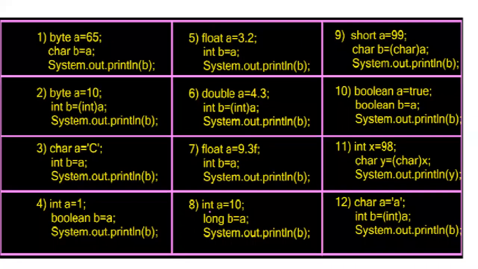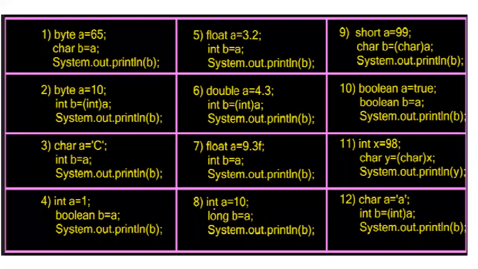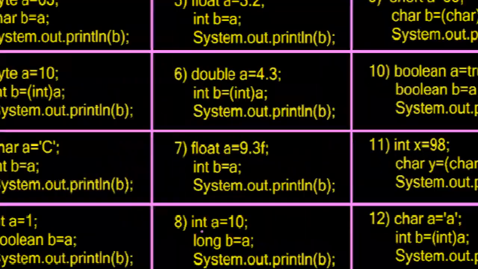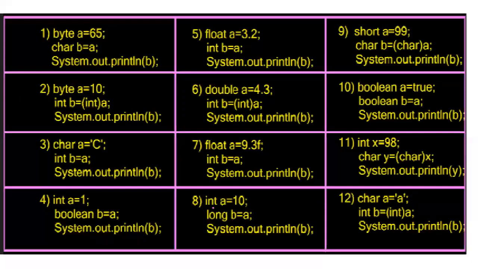Better. Okay. All 12 are visible now. If you get a 0 also, nothing will happen. Don't discuss with your friend. Whatever you know, try to write.